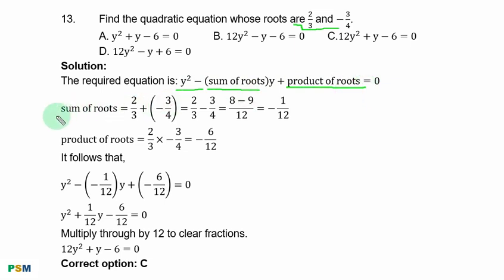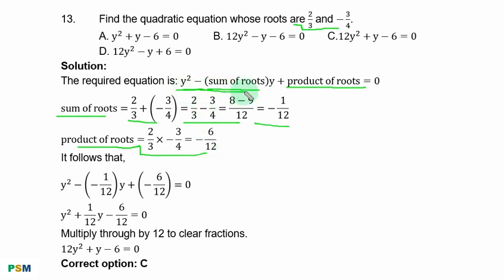Let's get sum of roots. You add the two roots, simplify, you have minus 1 over 12. Product of roots, you multiply the two roots, simplify, you have minus 6 over 12.